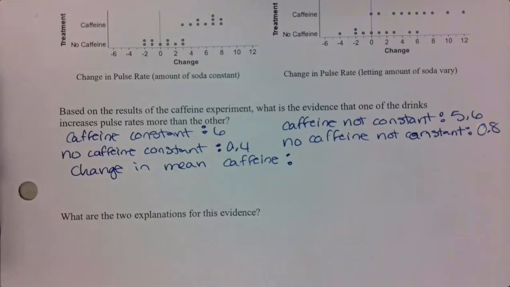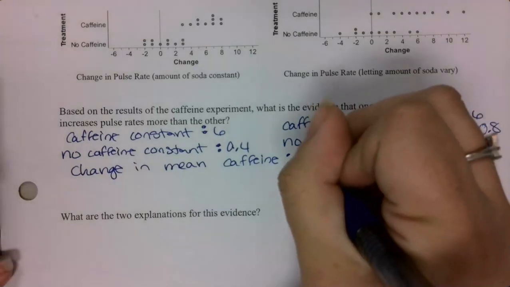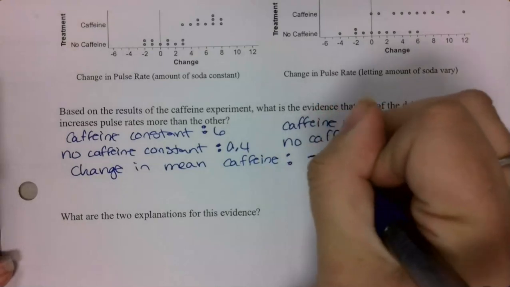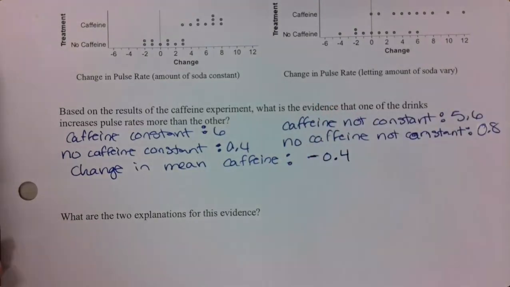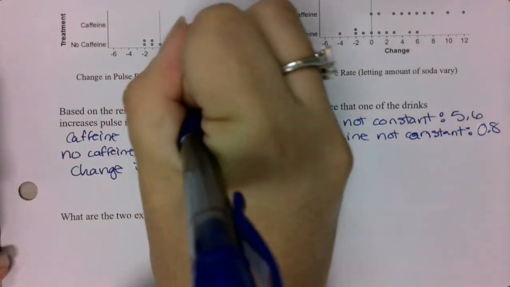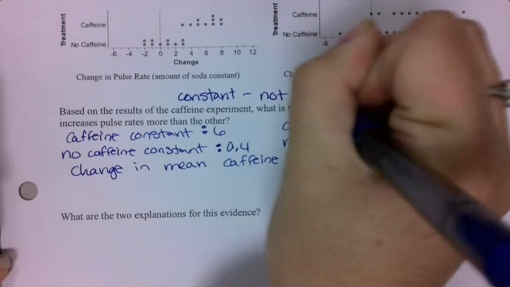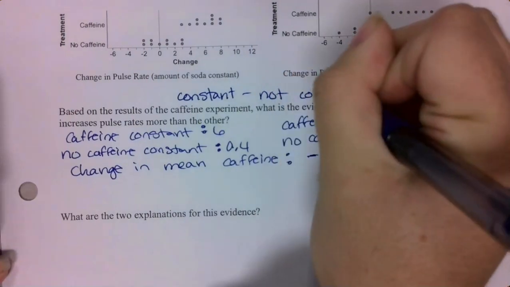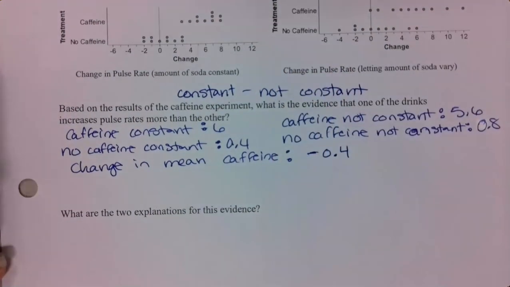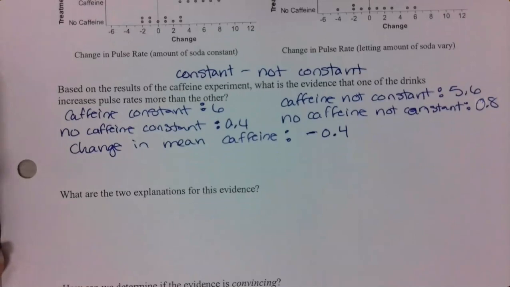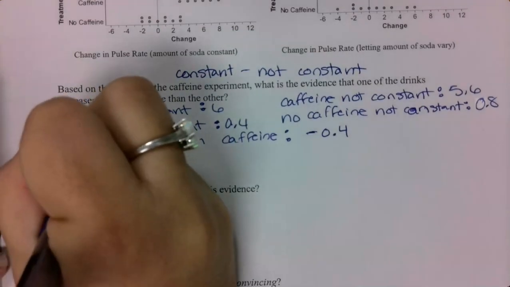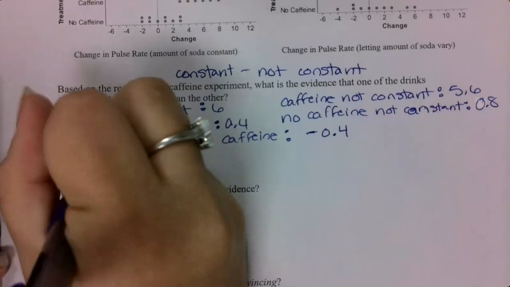When it wasn't constant, it was 5.6. So the change is negative 0.4 because I'm going from constant to not constant. I'm going to write that up above too. Okay. And then the change in mean for no caffeine.